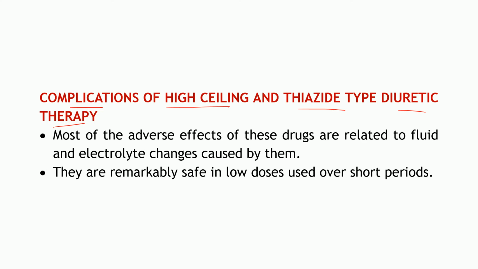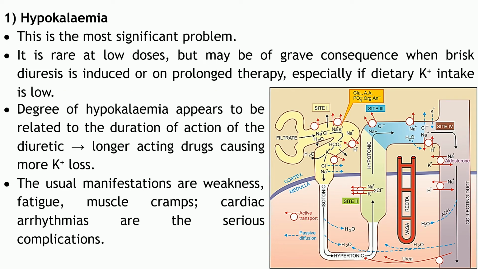Most of these diuretics are quite safe when utilized in low doses over short periods. So long-term use of high doses of diuretics or brisk diuresis should be avoided, otherwise it will result in complications.